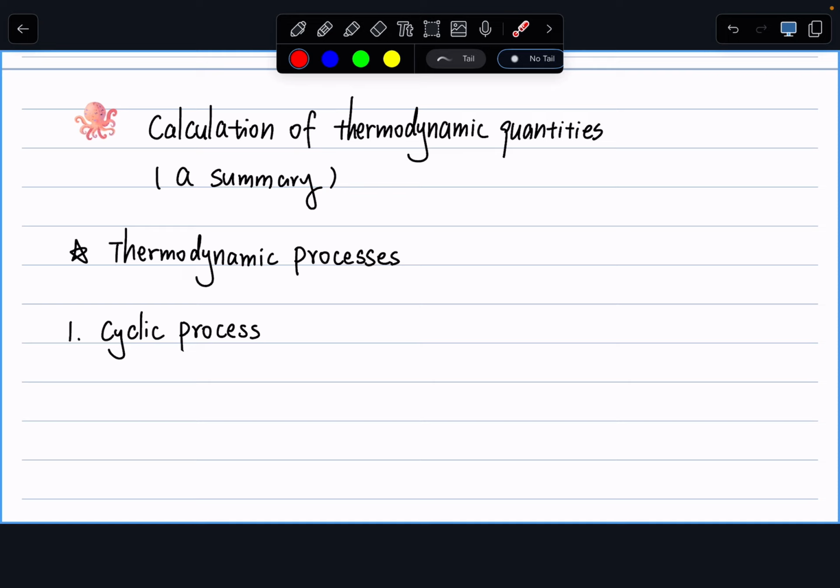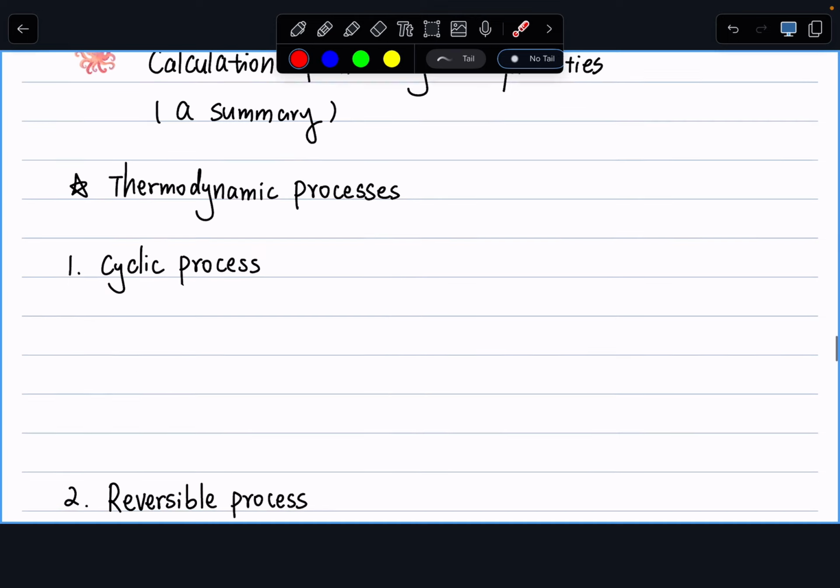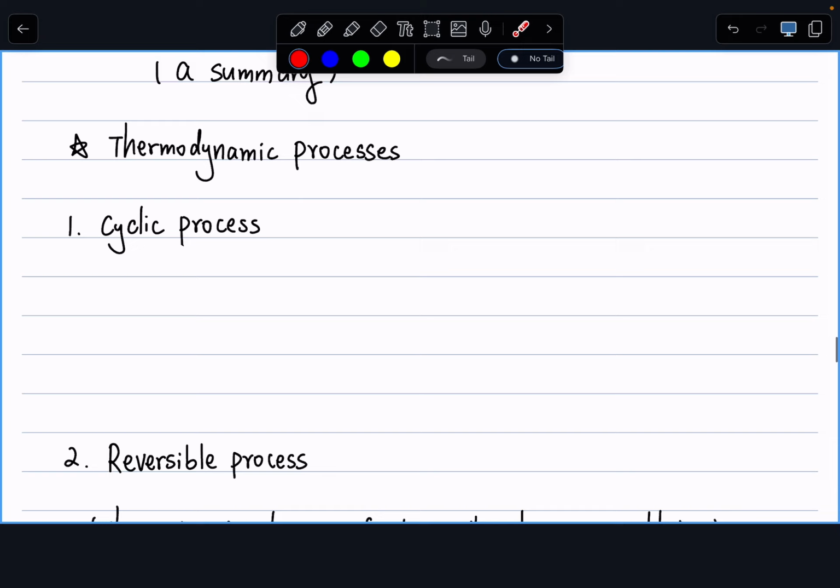As a quick summary, let's go over together what we learned when reading the problem. We discussed several different types of thermodynamic processes. You might see a combination of several of them together in one question. But let's look at each of these keywords and what they tell you.